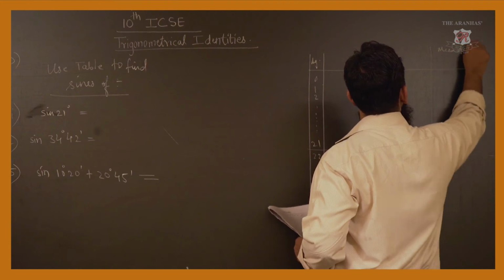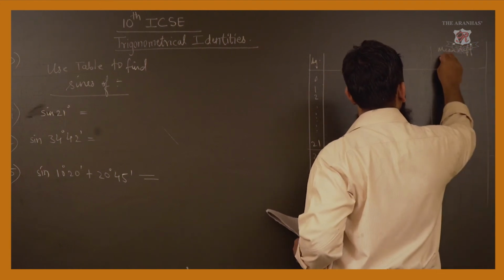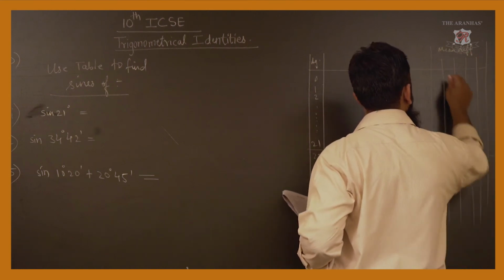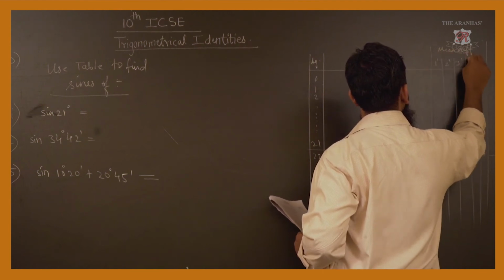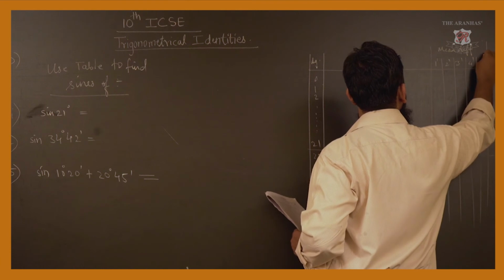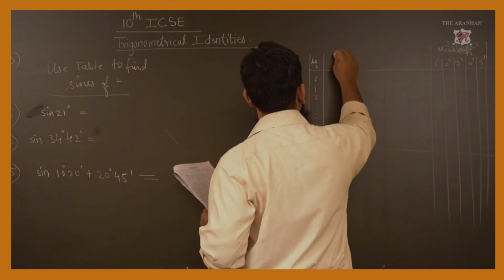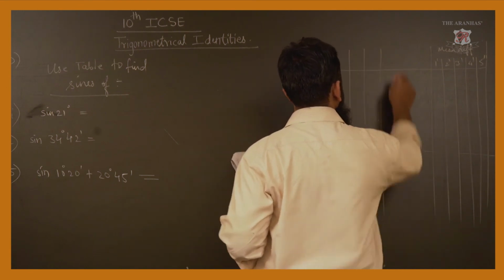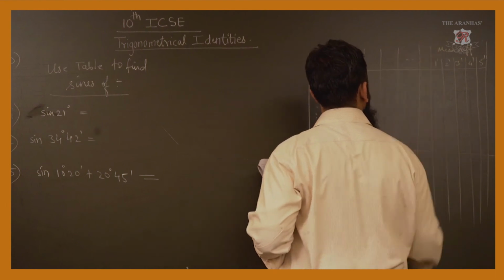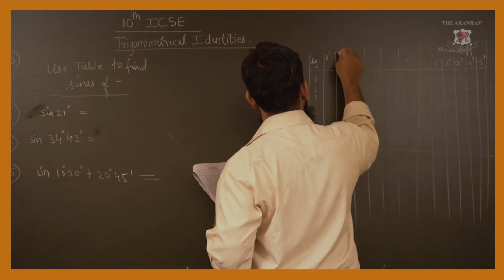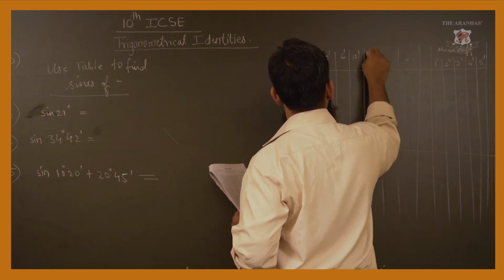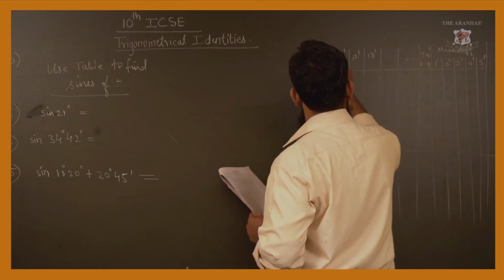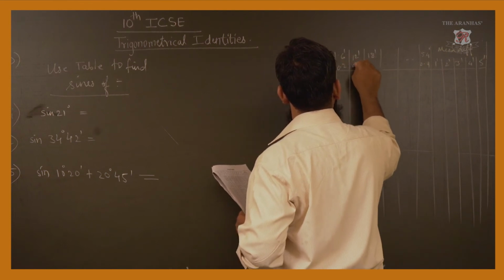Here it is mean difference, and in that you have 5 columns: 1 minute, 2 minutes, 3 minutes, 4 minutes and 5 minutes. And here you have 0 degree, 0.1, 0.2, 0.3, 0.4 up to 0.9. So, here you have 0 minutes, 6 minutes, 12 minutes, 18 minutes up to 54 minutes.